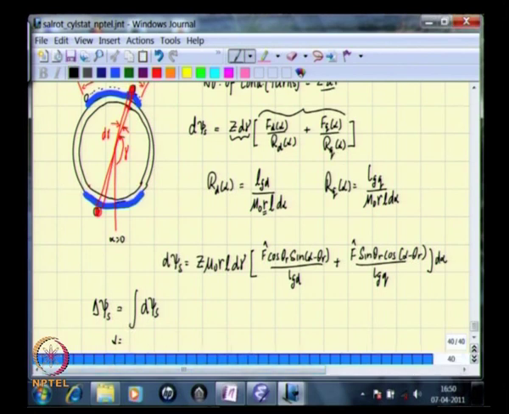That range is given by alpha varying from alpha equal to 0, where this elementary coil is located at an angle gamma, and therefore this varies from gamma minus pi to gamma.